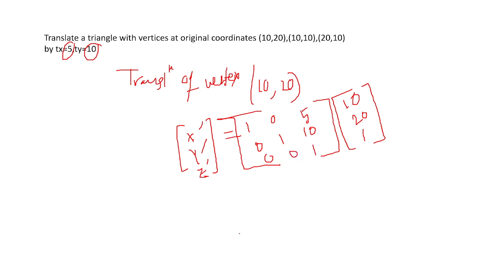Okay. So if we solve these, we'll get 1 into 10 plus 20 into 0 plus 5 into 1. That is 15, right? Then 0 into 10 plus 1 into 20 plus 10 into 1. 10 plus 20, 30. Then 1. Any confusion? No, madam.